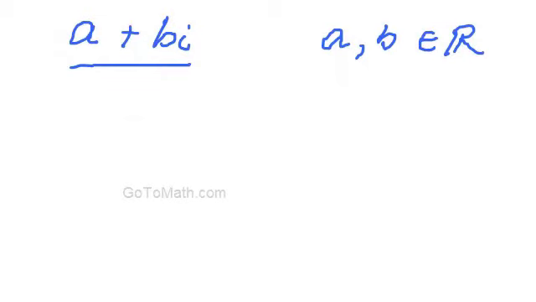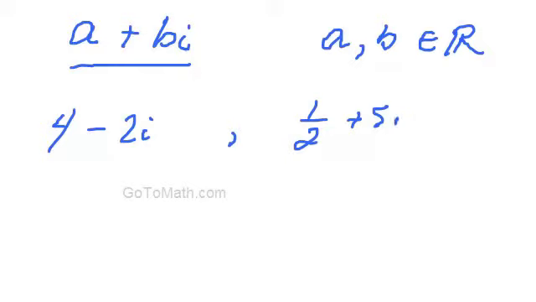For example, take 4 minus 2i. That's a complex number. What about a half plus 5i? That's a complex number.